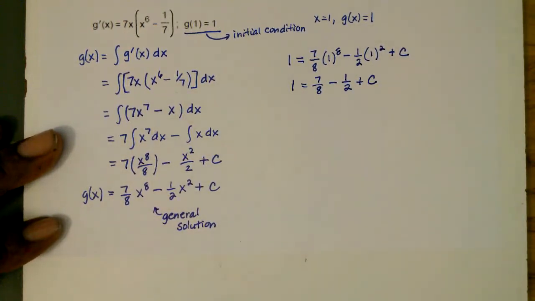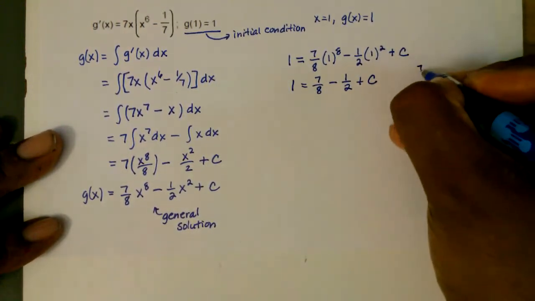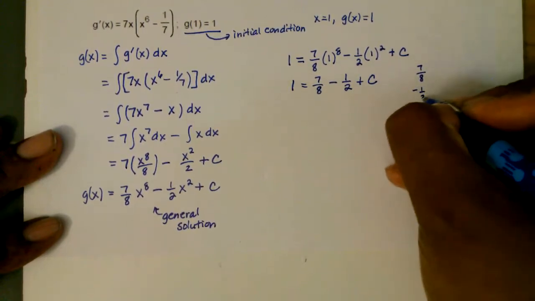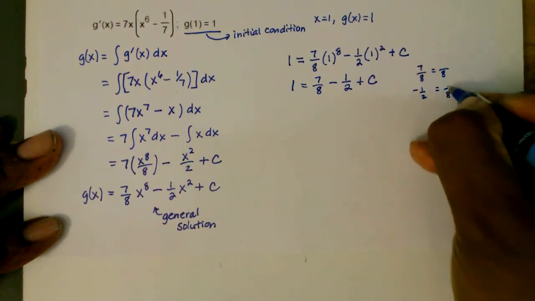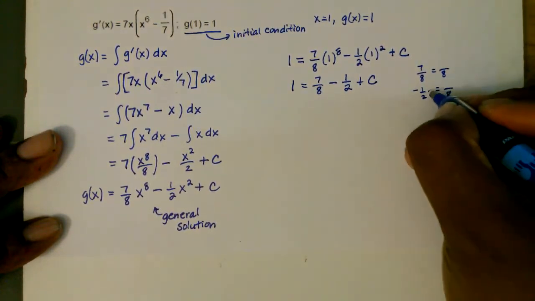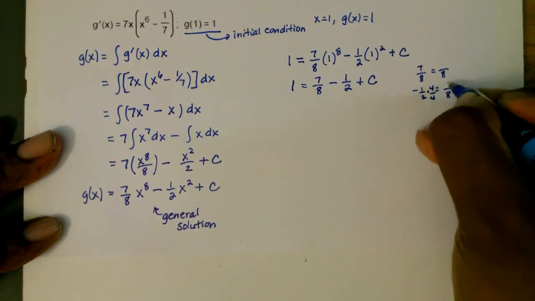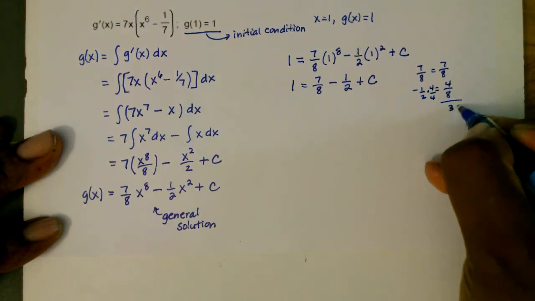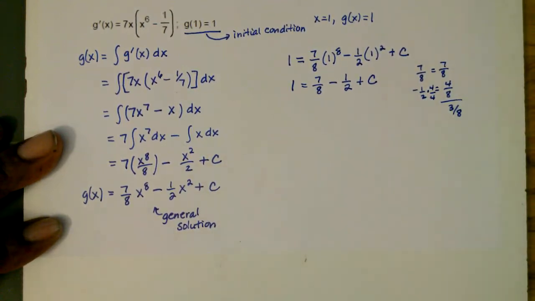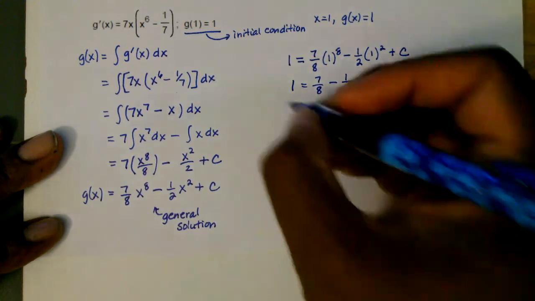Now I need to do 7/8 minus 1/2. If I find the common denominator, it'll be 8. To make that 2 into 8, I need to multiply the numerator and the denominator by 4. So it'll be 4/8 from 7/8, which will be... Oh, did I do something wrong here? I was right, 3/8.